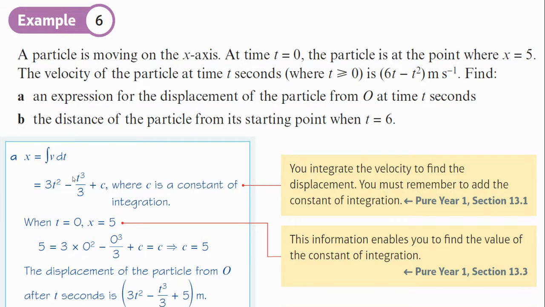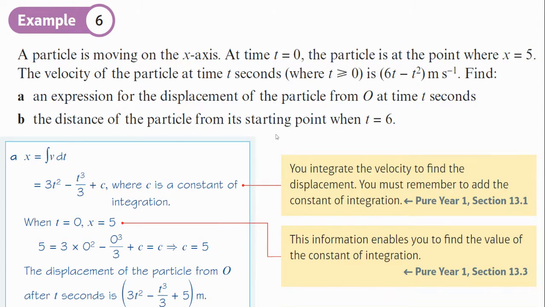And then when you put the 5 back in here, you get your displacement of 3t squared minus t cubed over 3 plus 5. Now, a lot of the time, the constants of integration will cancel, but in this instance, because it's just a general expression still involving t's, it didn't cancel, so we've got to work that out. That's the only place that could go wrong, really.